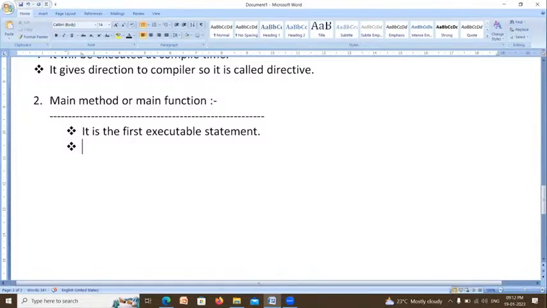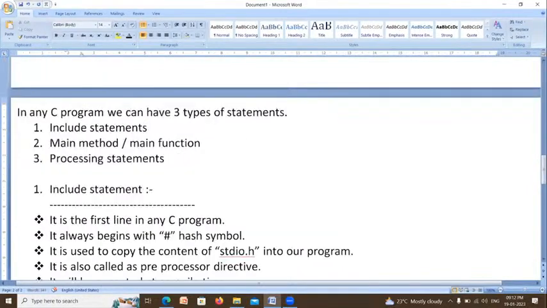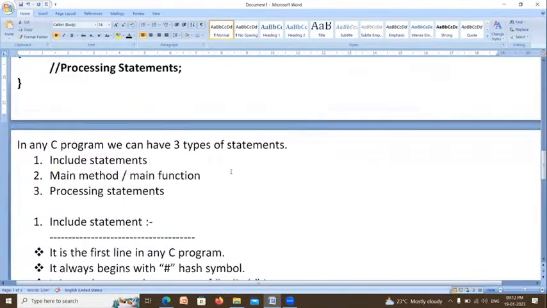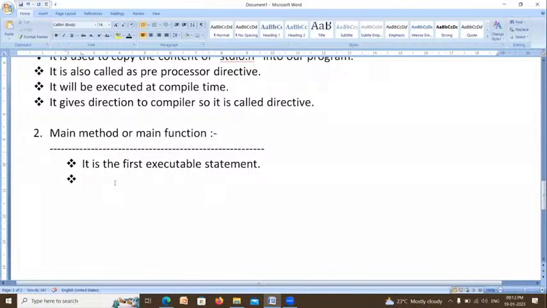Now, it is very, very important. Without the main method, you cannot write a C program. It is core, meaning very important. It is mandatory, meaning compulsory.